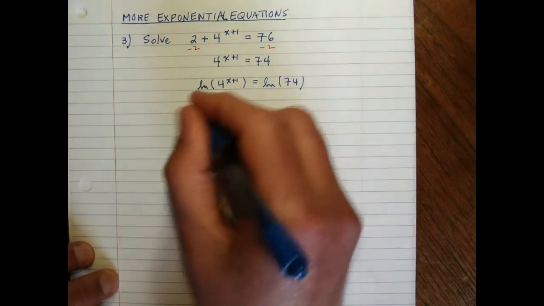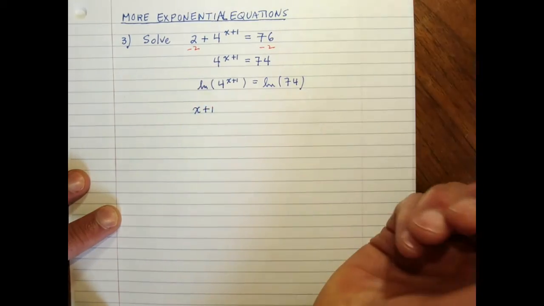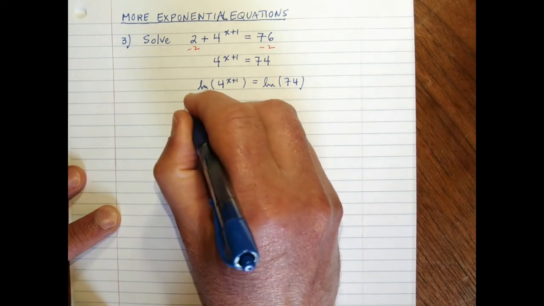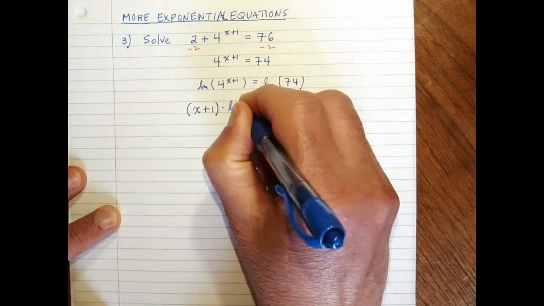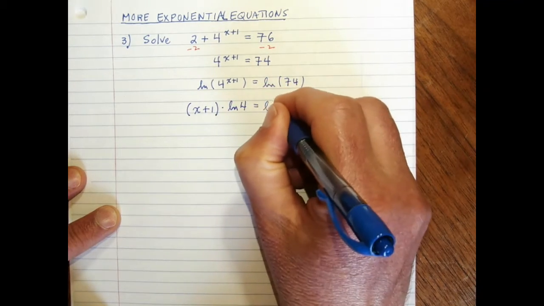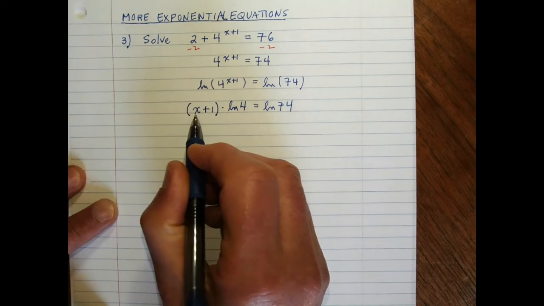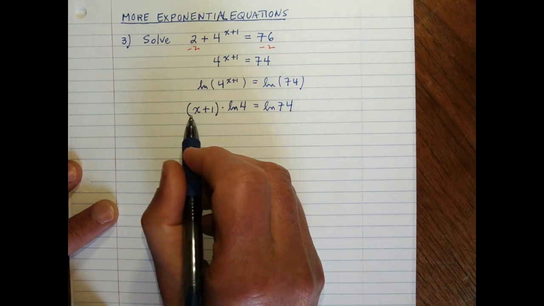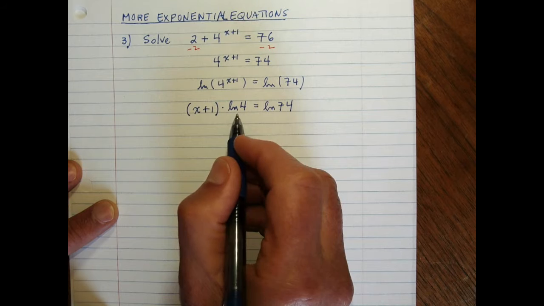It's the x plus 1 that I have to bring out in front. And what you got to know to do is write x plus 1 in parentheses times ln of 4 equals ln of 74. This is crucial to realize because it's that whole quantity that's getting multiplied by ln of 4.